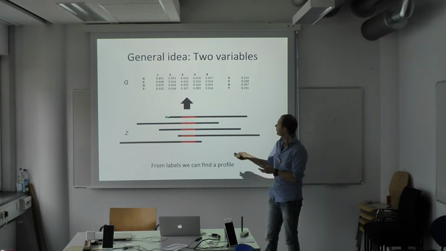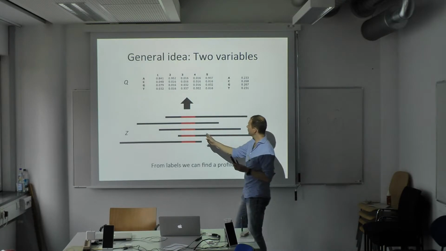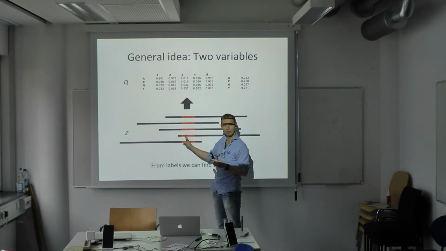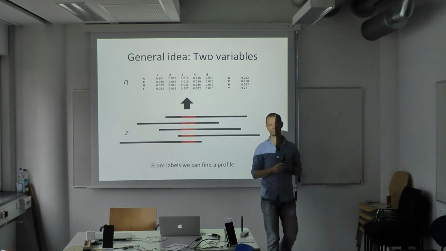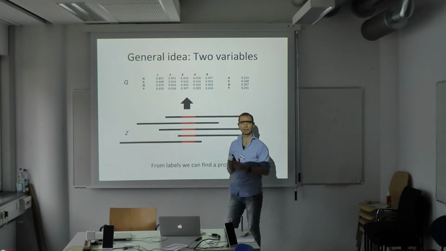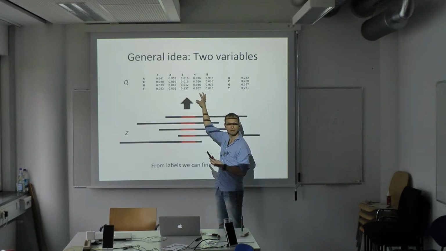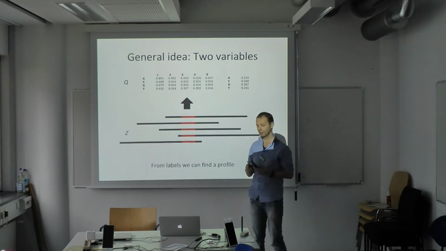We have a set of sequences, and let's pretend that we have the labeling of them. That means that we would have the positions at which we find our special pattern. So they're all aligned here, so this red bit lines up very well. And from there, we know how to calculate this profile. We talked about that on Tuesday.